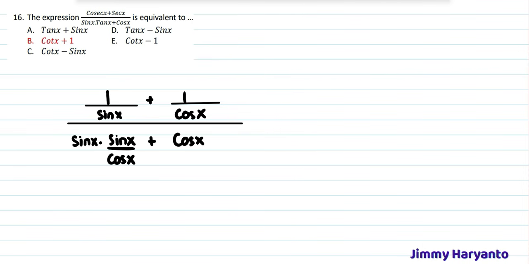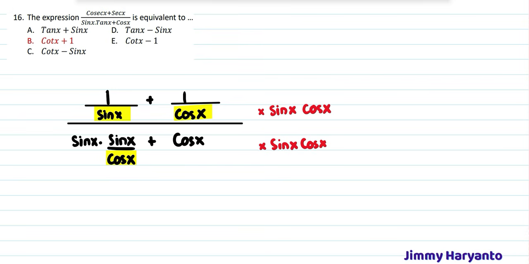Yeah, that means you have to memorize all of the formula. Next, take a look at these small fractions, small denominators. I think we can eliminate them all by multiplying the fraction with sine x cos x, and the denominator also sine x cos x, like this.